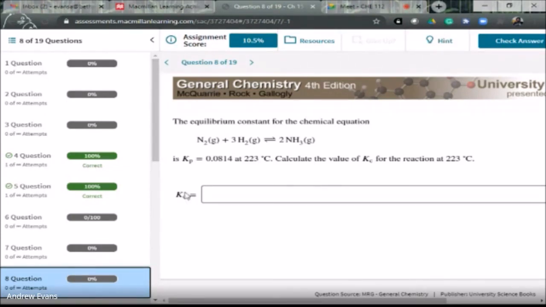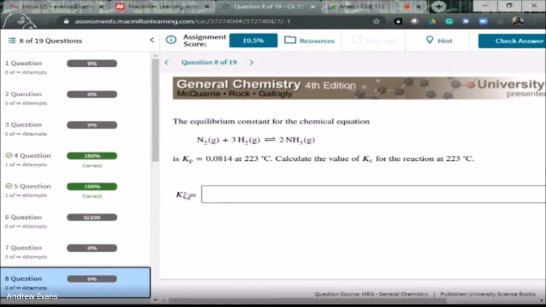If you're given Kp, Kp is 0.0814 at 223 degrees C. Adding 273, that becomes 496 Kelvin.